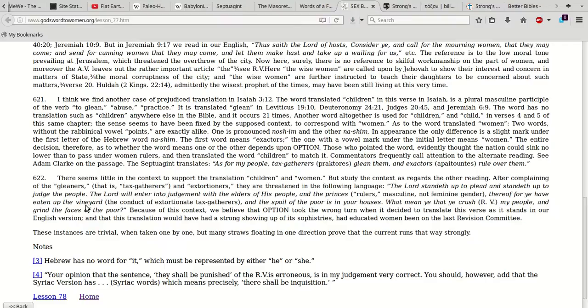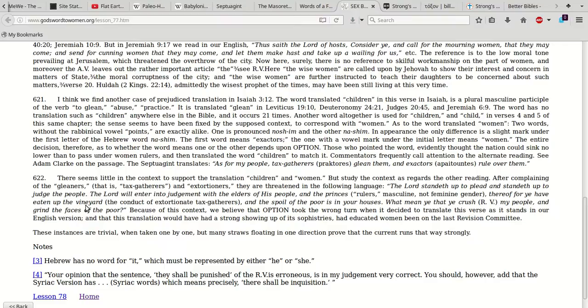The Lord will enter into judgment with the elders of his people and the princes, and she has some parentheses here, rulers, masculine, not feminine gender, thereof, for you have eaten up the vineyard, which is the conduct of extortionate tax gatherers, and the spoil of the poor is in your houses. That is to say, you stole it. You robbed the poor. What mean ye that ye crush my people and grind the faces of the poor?